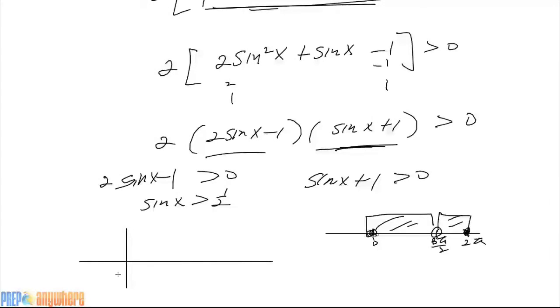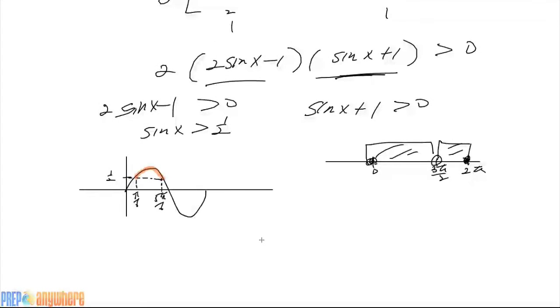So let's look at the sine graph. Where is it greater than half? Here's half. Do you see that it's only from here to here? We know these x values. This is going to be pi over 6, and this is going to be 5 pi over 6.